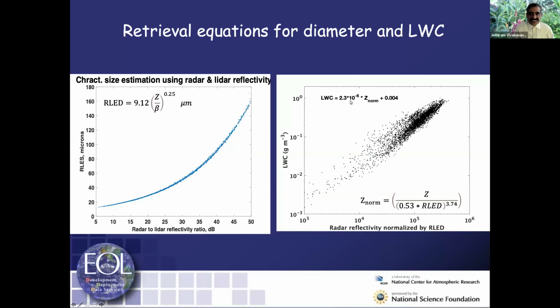Liquid water content shows a linear relation as a function of normalized dBZ values. This is the summary of the retrieval technique based on all the droplet spectra I got from VOCALS observations, which is the Southeastern Pacific, basically marine boundary layer clouds. That's what I used.